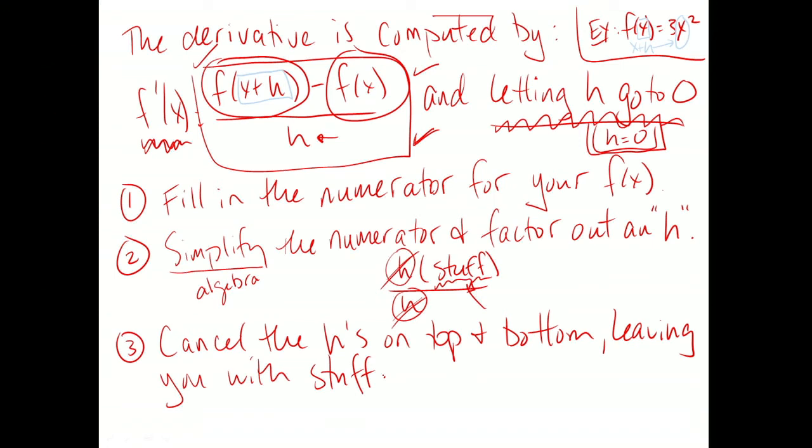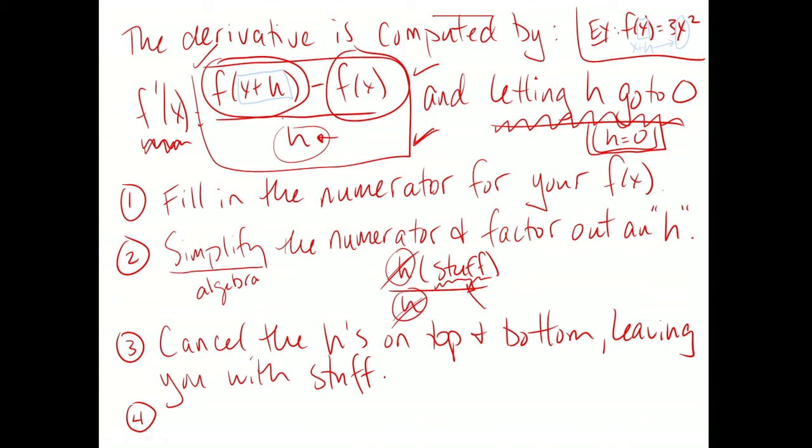Aha. Okay, what's great about what you're left with is that you no longer have an h in the bottom. You just canceled it. So all you're left with is stuff on the top. In other words, there's no fraction anymore. Well, our main, main concern was that I couldn't plug in h equals 0 at the beginning of the problem because it created a divide by 0.